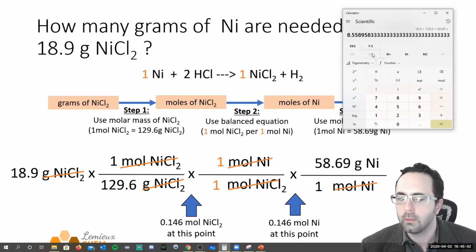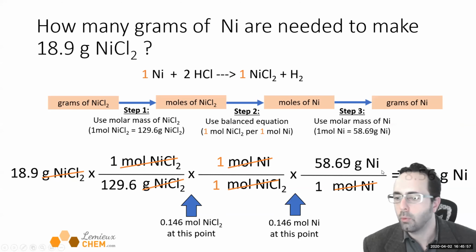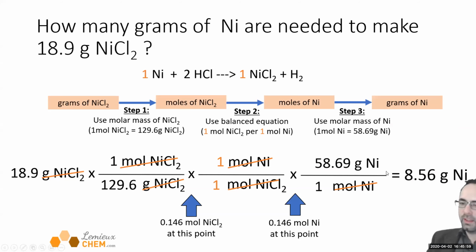And we get 8.5589, and it goes on and on. We want this to 3 sig figs, so we're going to take the 8, the 5, and the 5. Because this is an 8, we're going to round up, so it's going to be 8.56, and our units are going to be grams of nickel. So 8.56 grams of nickel is the answer.